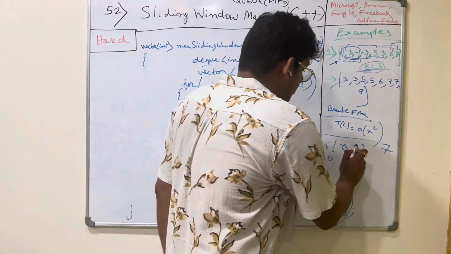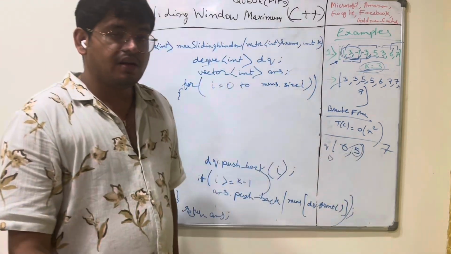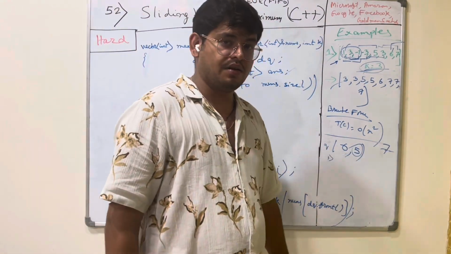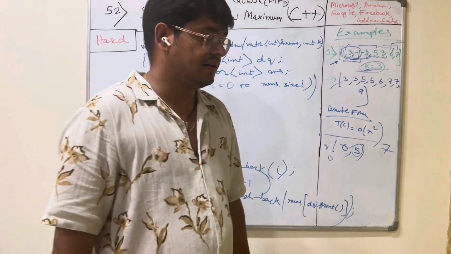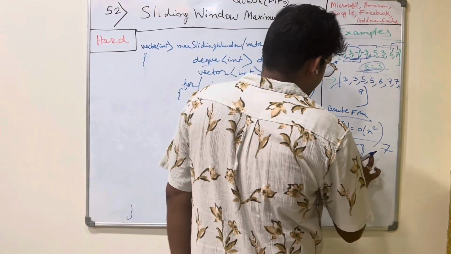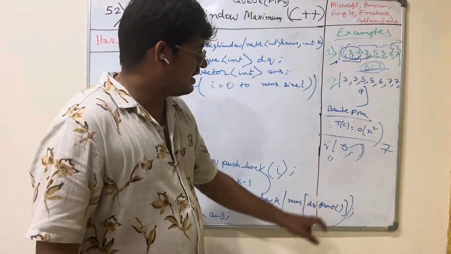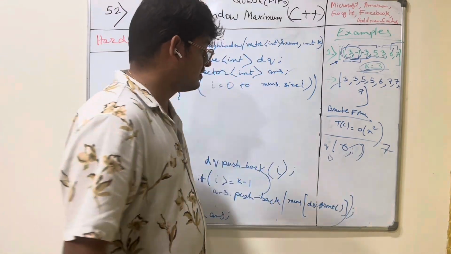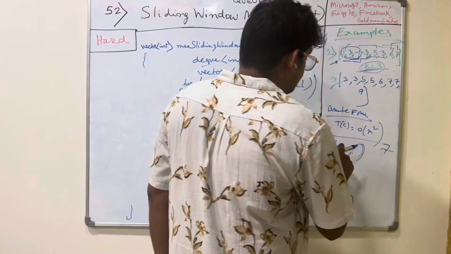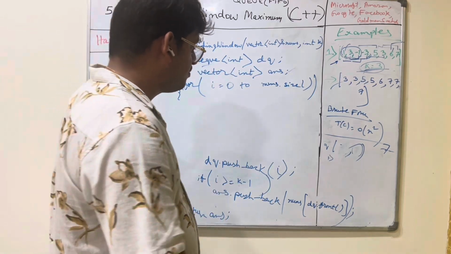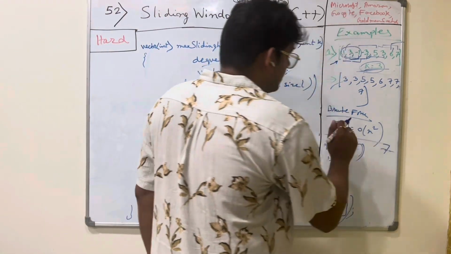So we will compare: is it greater than 5? Yes, so we will remove it. Is it greater than 6? Yes, so we will remove it. Now the queue has become empty and then we push 7 to the queue, because we want the max.